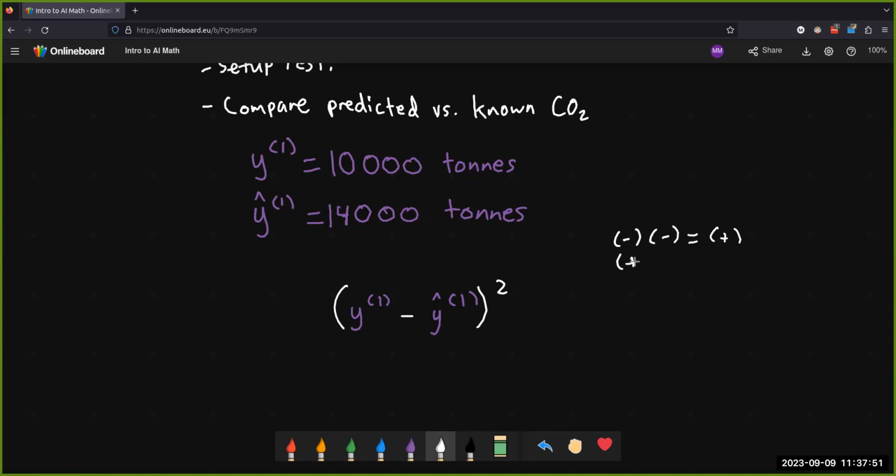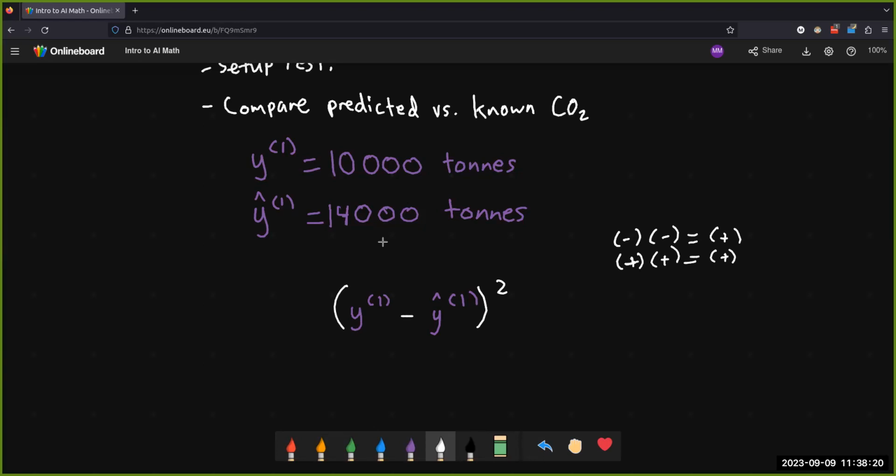If you have two positives multiplied, then the answer is still positive. And because of that, now it's simpler for us to interpret what this result means, because we just get back a number that doesn't have signs for us to worry about. It just tells us if number big, AI algorithm bad, if number small, AI algorithm good, and that's the way we like it. It's very simple.